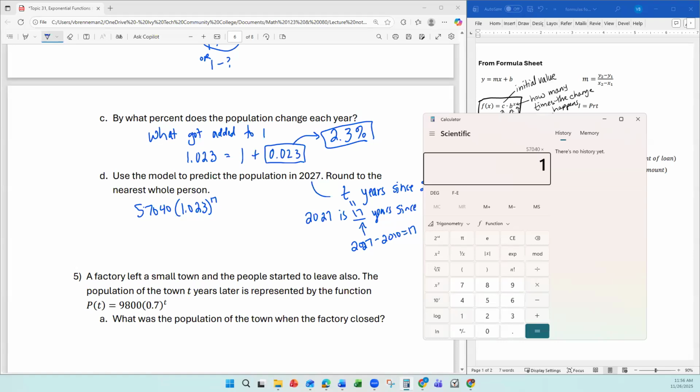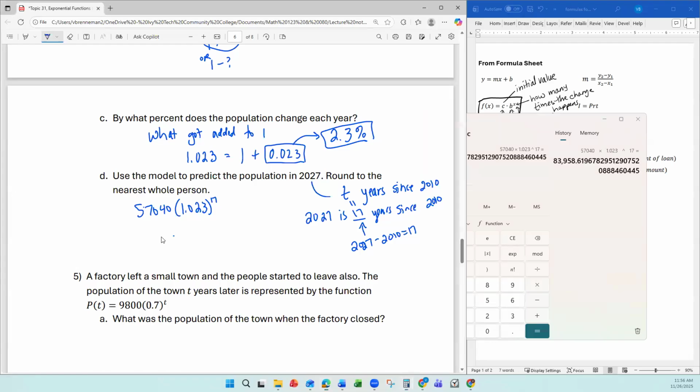But you should be able to do it all in one entry into the calculator, and the calculator will apply correct order of operations. So make sure you can get 83,958.619, etc. And that rounds to 83,959.